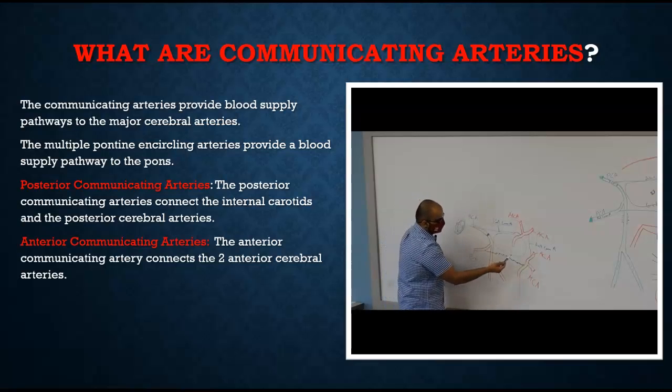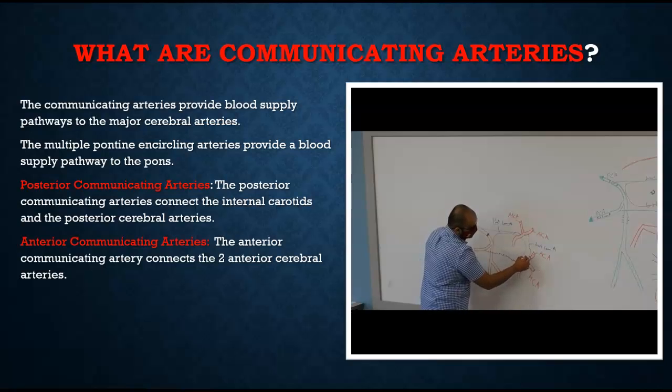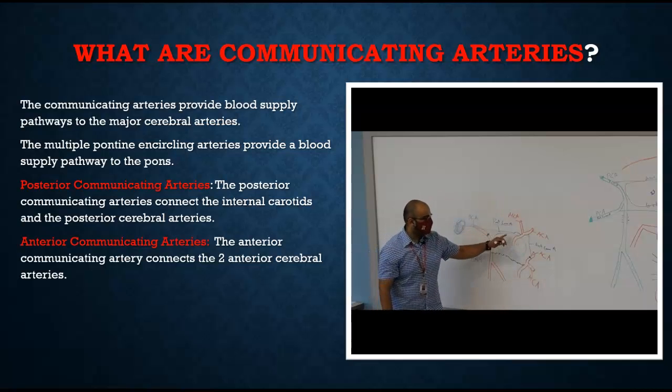If there's an aneurysm or a blood clot, and some part of the brain gets blocked, let's say the artery on one side is blocked, blood cannot pass from here. But the circle of Willis is very unique.